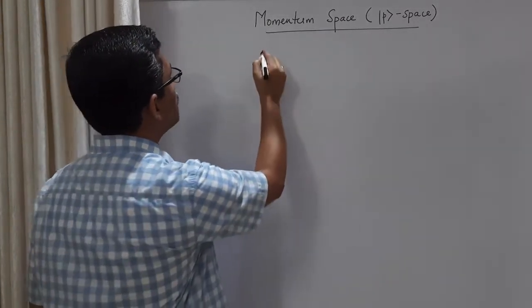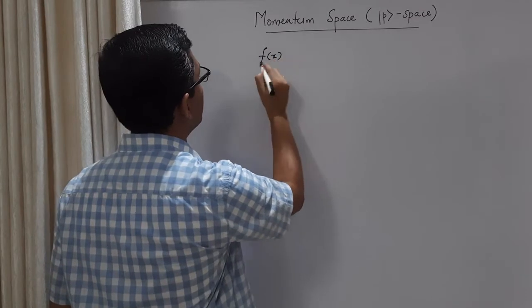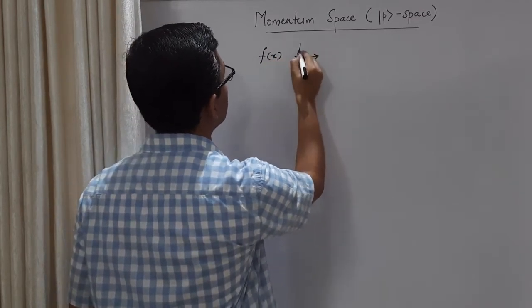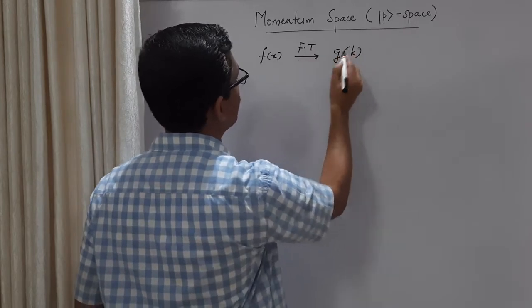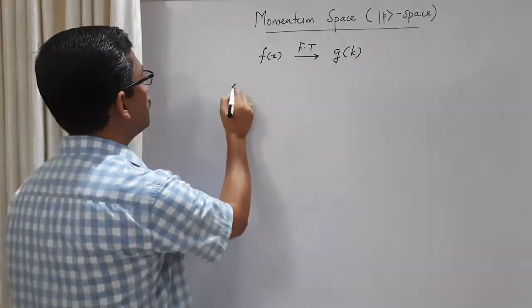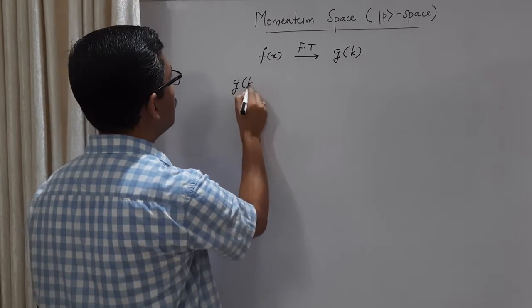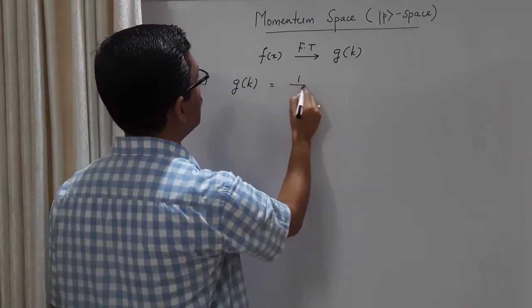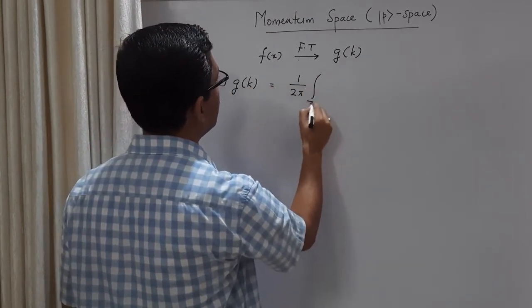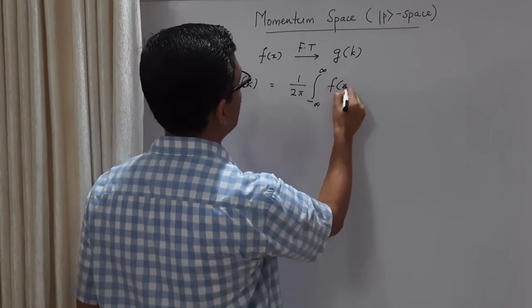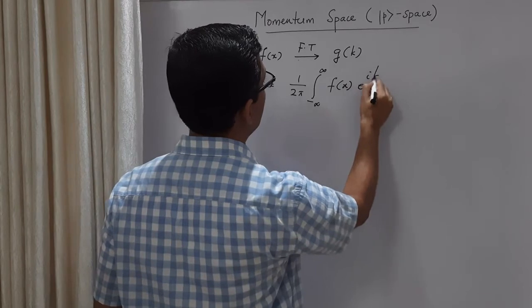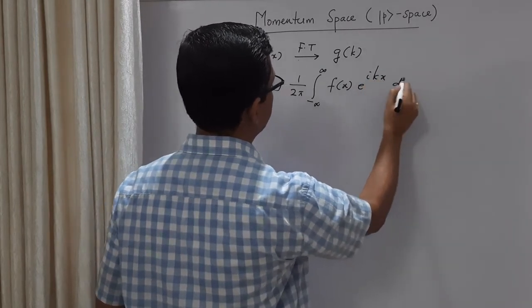Suppose you have a function f of x and its Fourier transform, let us say it is g of k. Then the Fourier transform g of k you can define as 1 by 2 pi integral minus infinity to plus infinity f of x e raised to i kx dx.